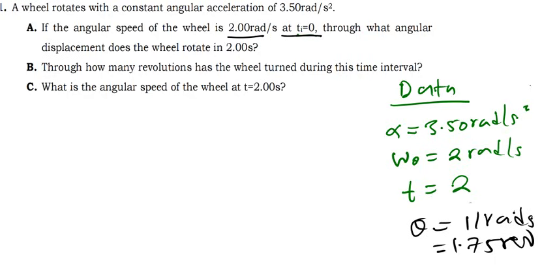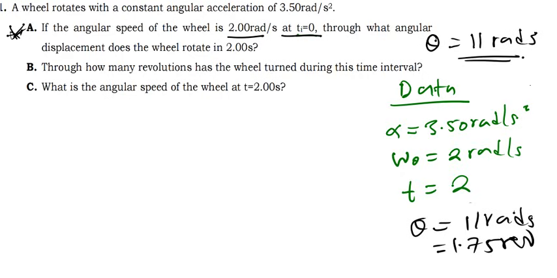So the question is, through how many revolutions has the wheel turned during this time interval? They want you to find the theta. But this theta we want to find is for the same interval we have at part A. In part A, we found that theta is 11 rad as our angular displacement. Through how many revolutions?